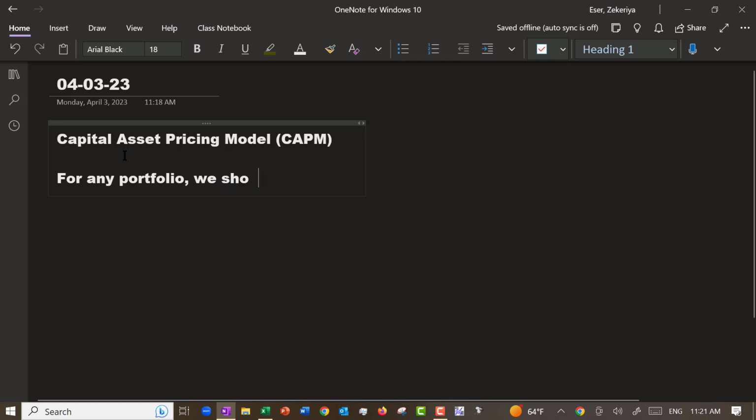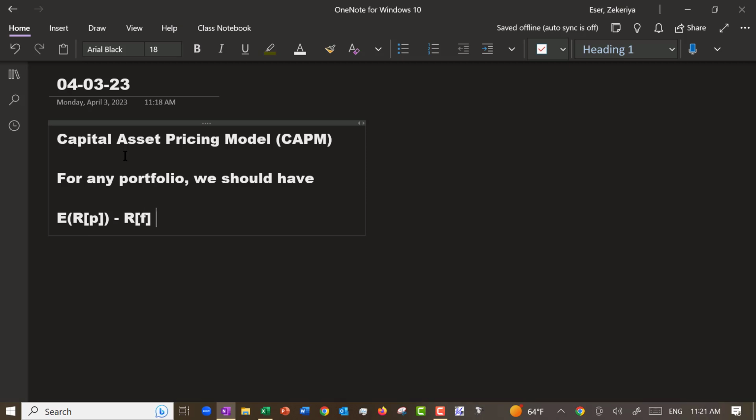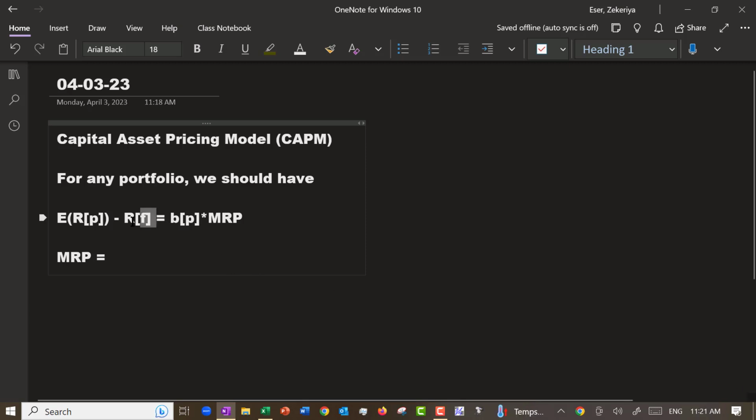we should have expected value of return to that portfolio minus the risk-free rate should equal some beta of that portfolio times MRP, where MRP is excess return to or reward to market portfolio.